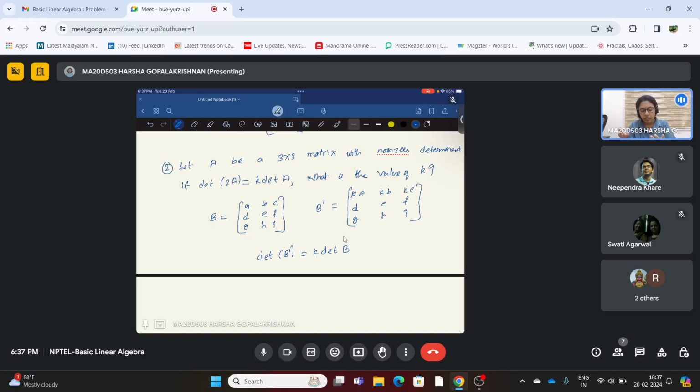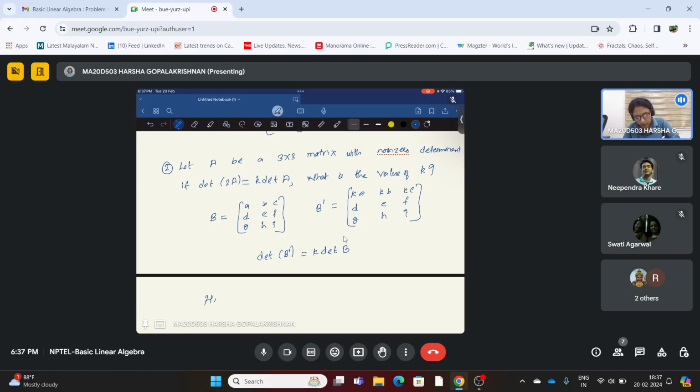Now, what we are saying, A is multiplied with 2 means A is multiplied with each of the entries. That means with each of the rows. From each of the rows I am taking 2, 3 times. So total 3 by 3 matrix, so 3 rows are there. So 3 times I am taking out the 2.